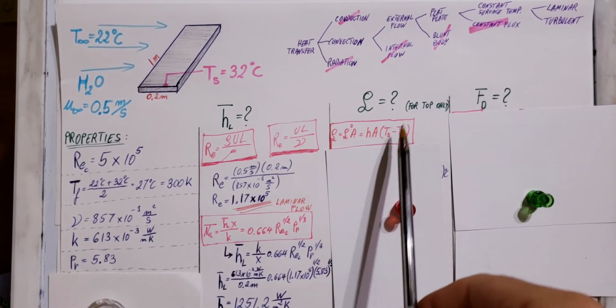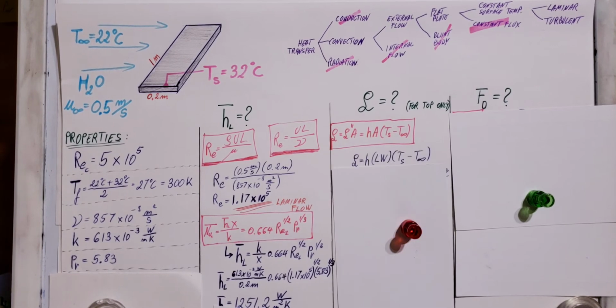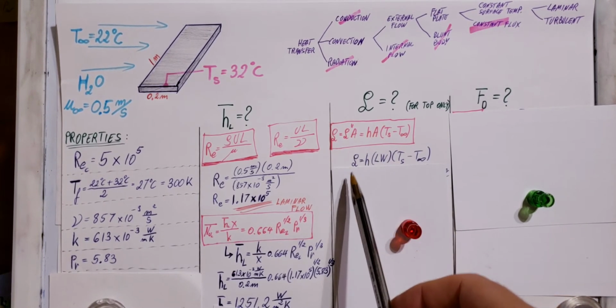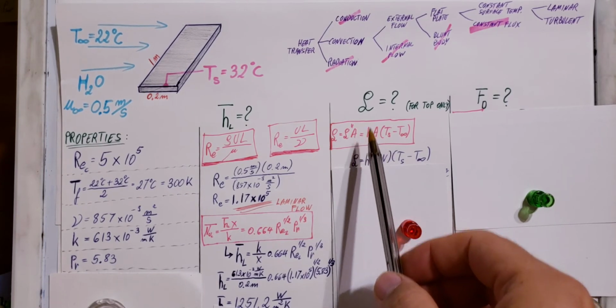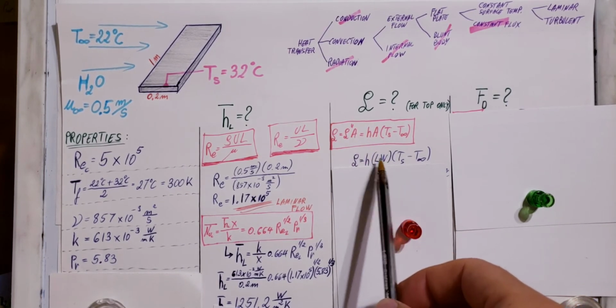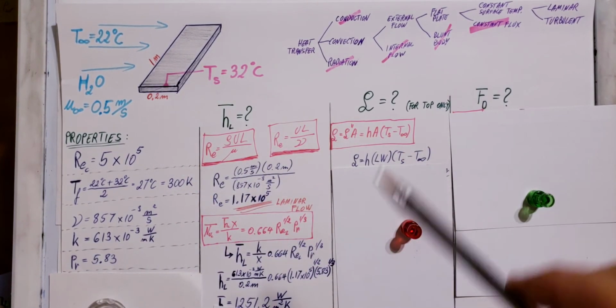This is our flux formula for convection, and then times the area. Right here, heat transfer rate equals h times the area, and I'm going to break it up, length times width, times Ts minus T infinity.